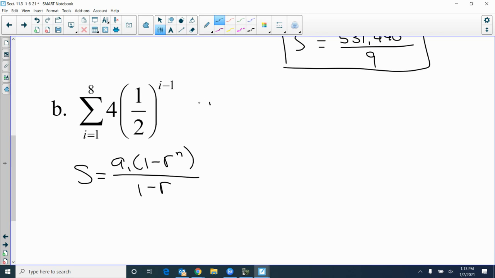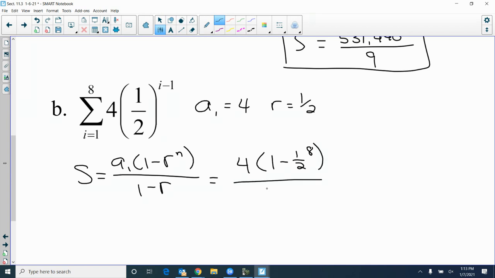The first term, a sub 1, is 4. The r is 1/2. So that is 4 times 1 minus a half to the 8 over 1 minus a half. What is 1 minus a half to the 8th power going to look like?